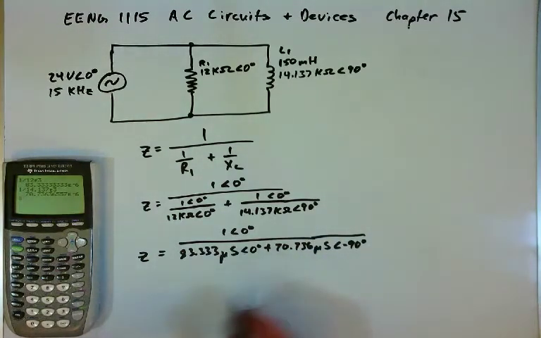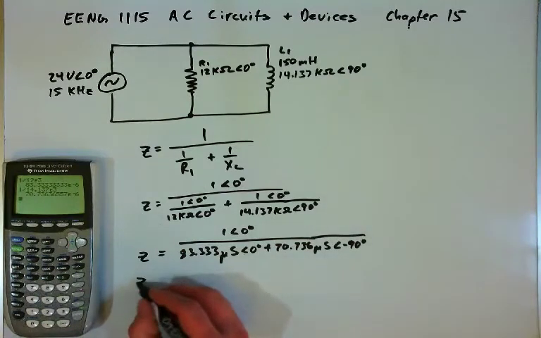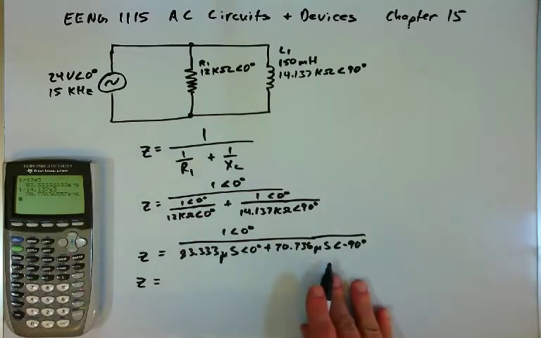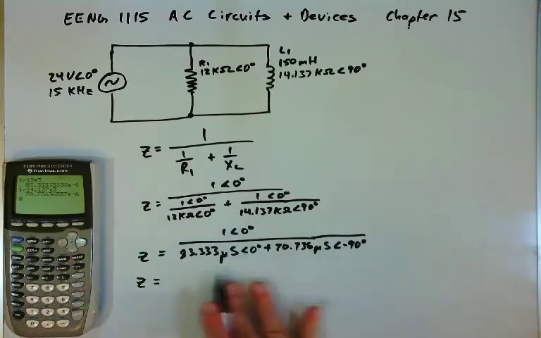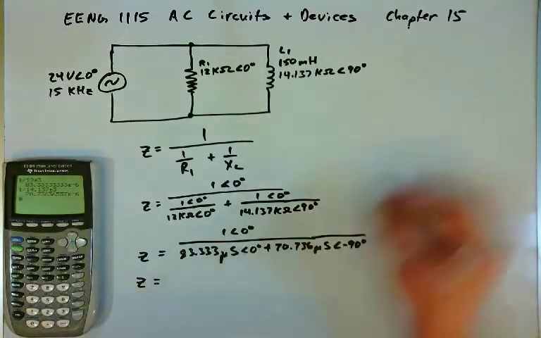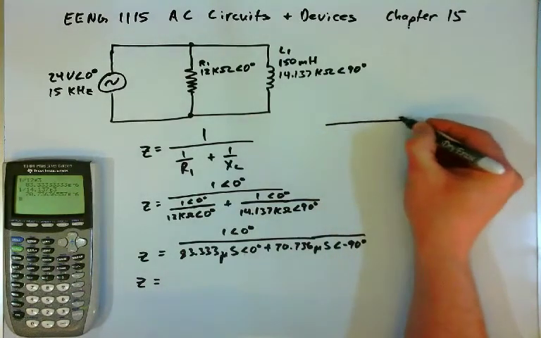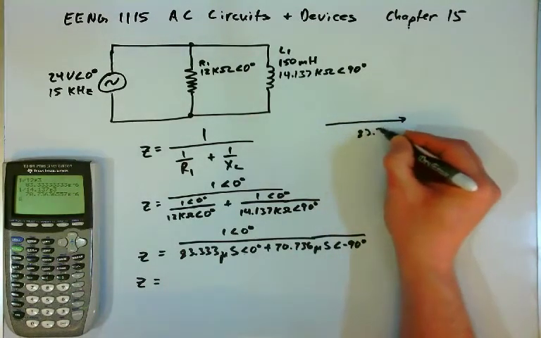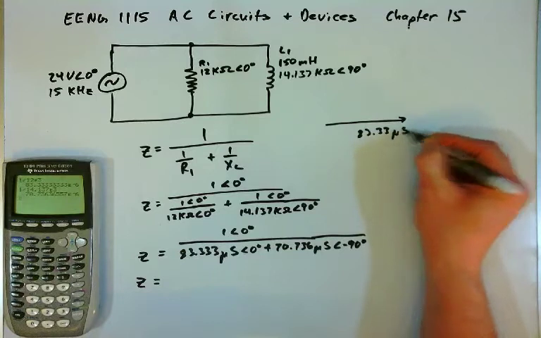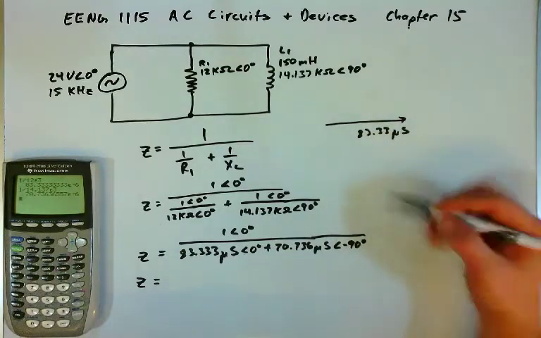Okay, and now we can add these two vectors, and to do that we need them to be in rectangular coordinates to be able to add these two. And so if you look at these graphically, we have 83.33 microsiemens, which is at 0 degrees.